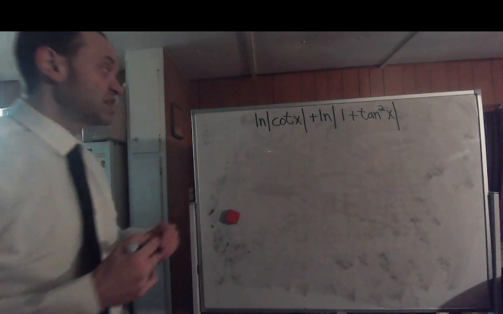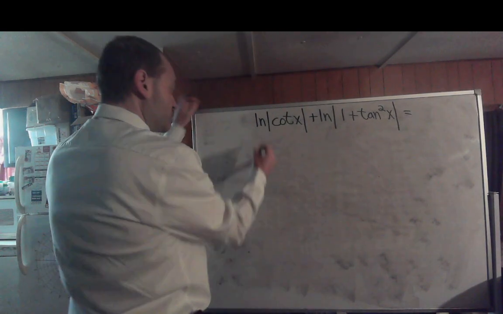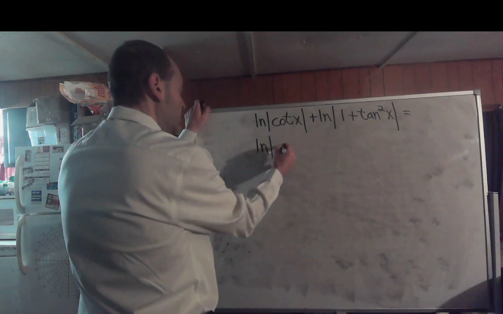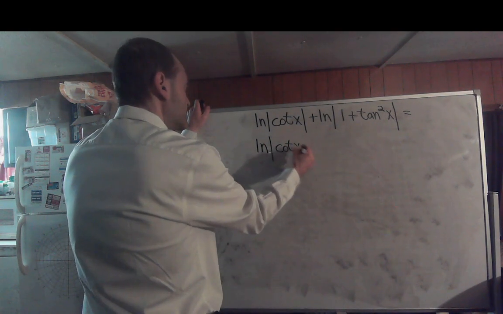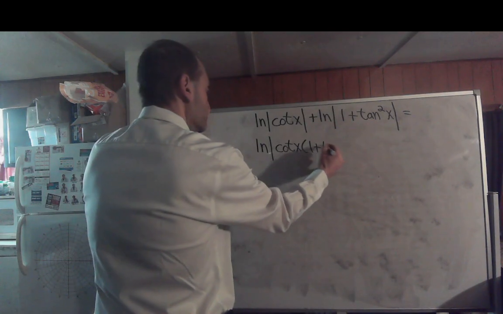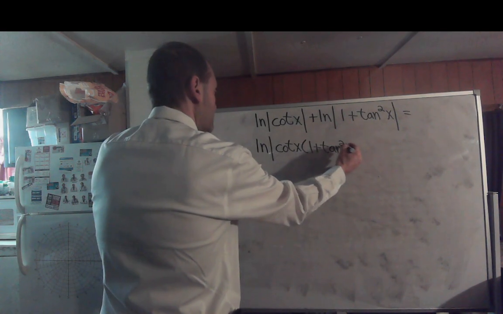Alright, so you have a sum of two logs. This turns into a product rule. So this would become the natural log of the cotangent of x times 1 plus tangent squared of x.